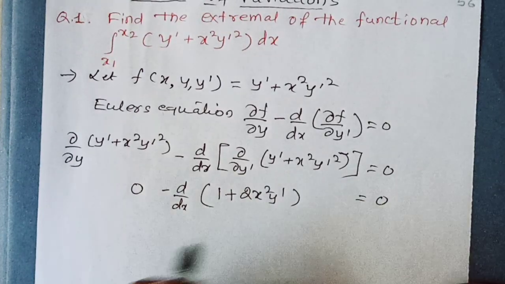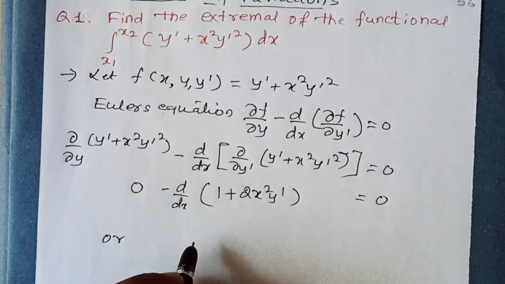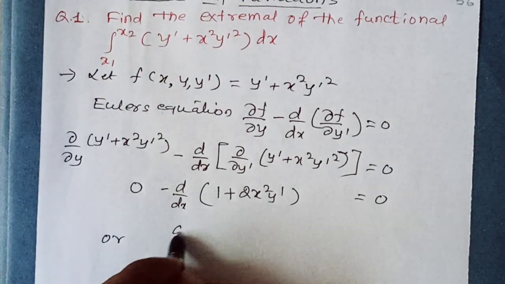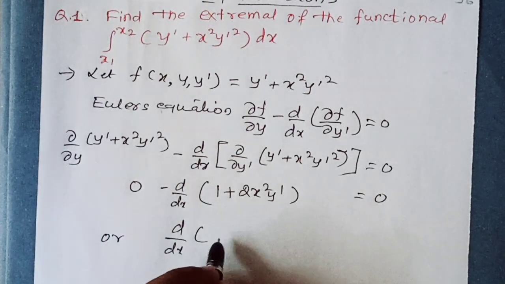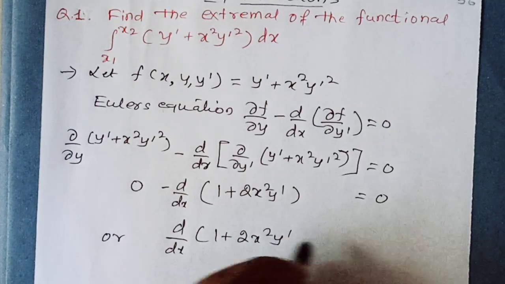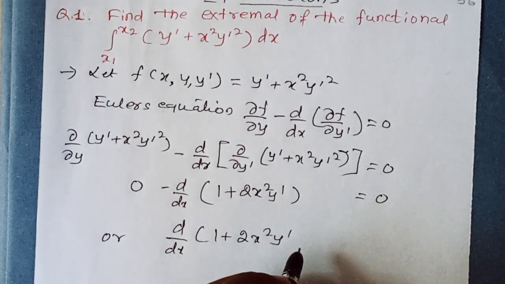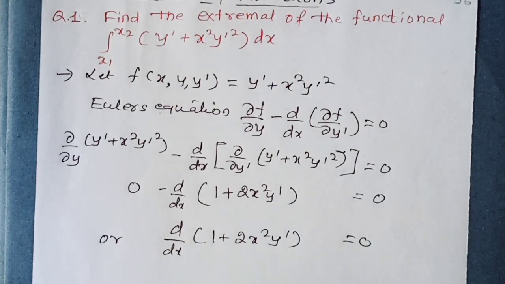So it is d by dx of (1 plus 2 x square y dash) equal to 0.